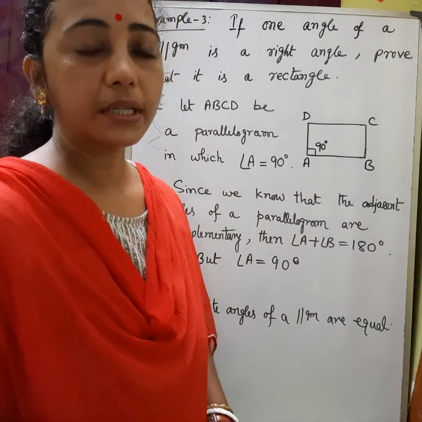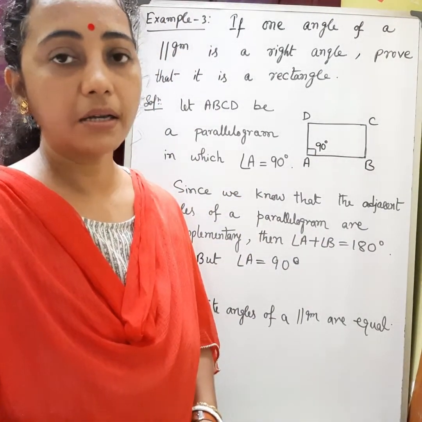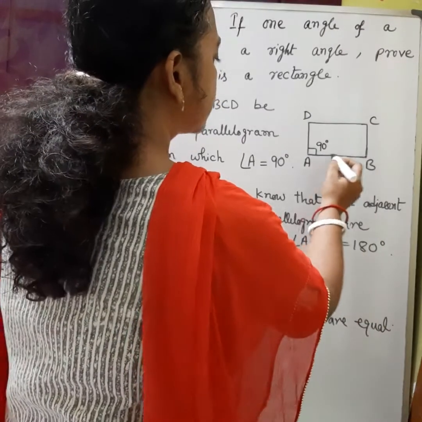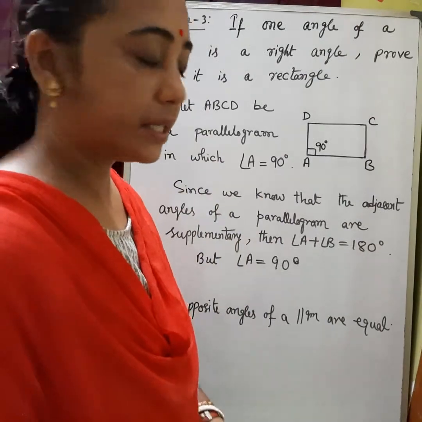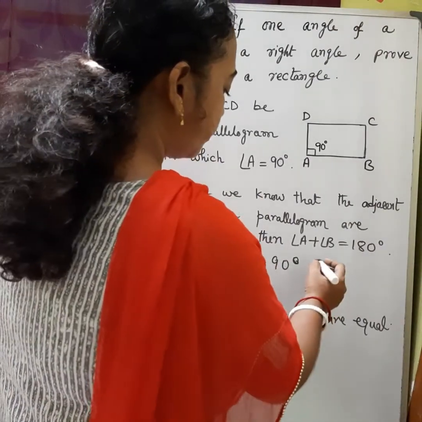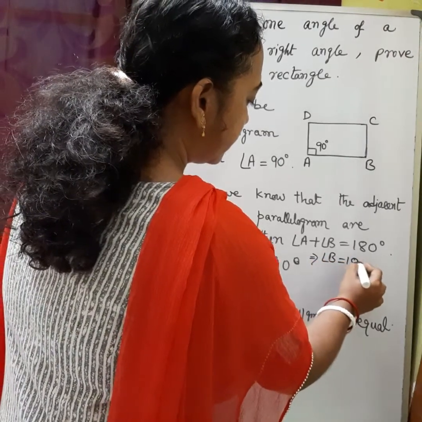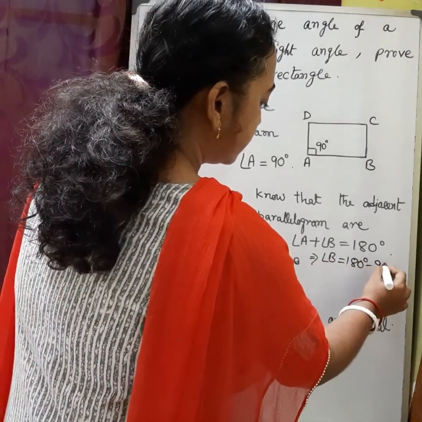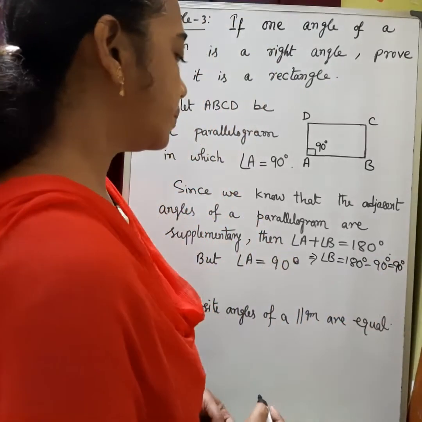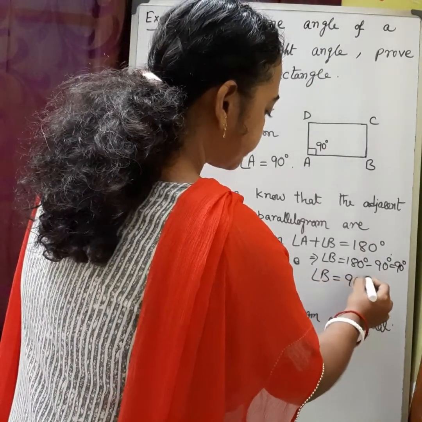Since we know that adjacent angles of a parallelogram are supplementary, so we can write angle A plus angle D is equal to 180 degrees, but angle A is here 90 degrees. So this implies angle D is equal to 180 degrees minus 90 degrees, that will give 90 degrees. So angle D is also equal to 90 degrees.